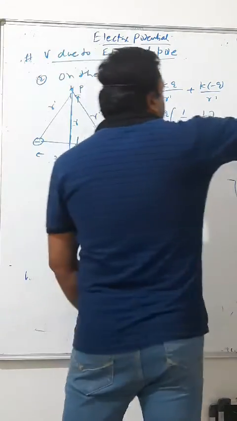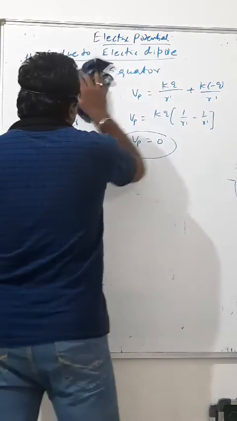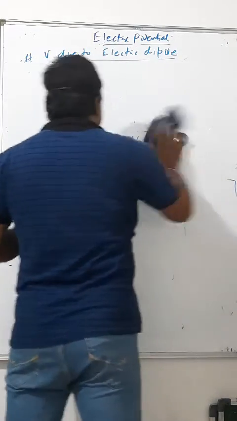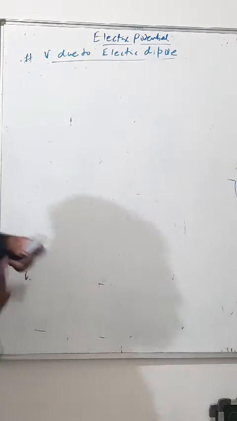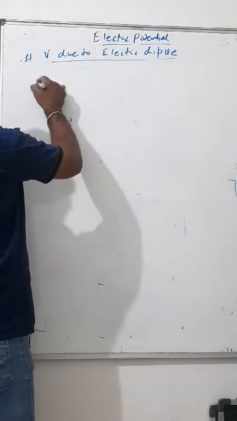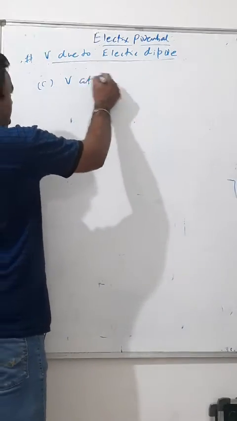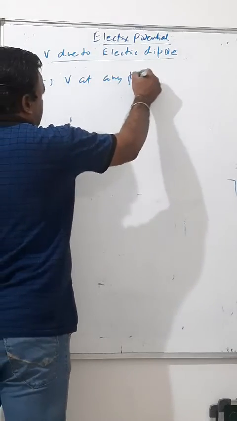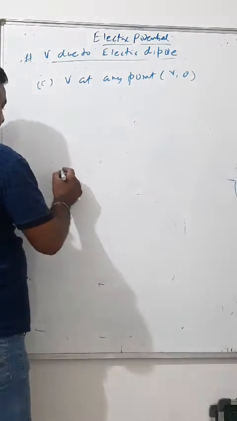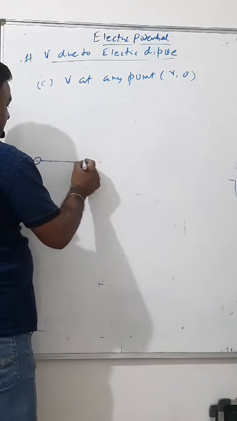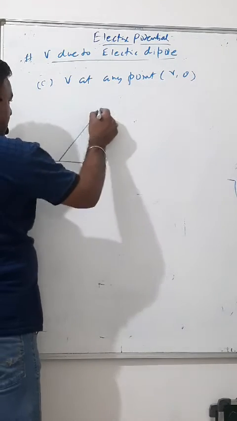Now the last important derivation of potential for the dipole is very interesting. That is for any point r theta. Look, what is this? This is minus charge, this is plus charge.